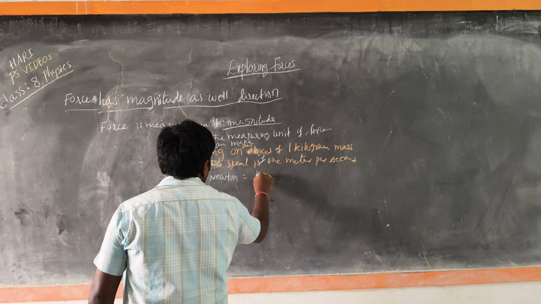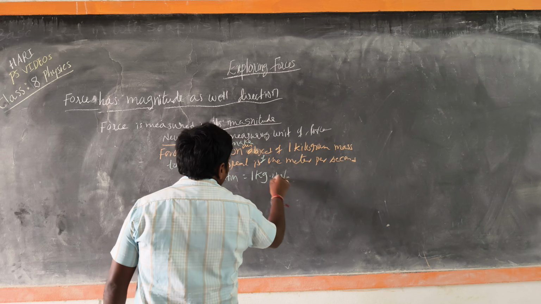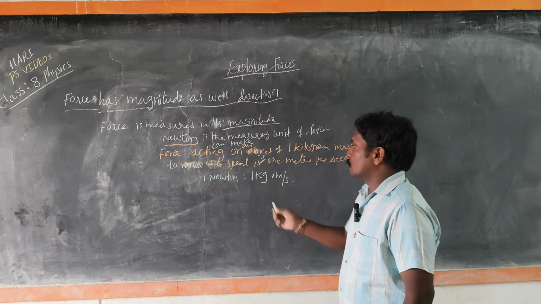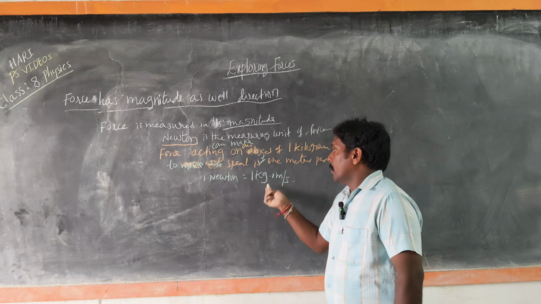1 Newton is equal to 1 kilogram into 1 meter per second.